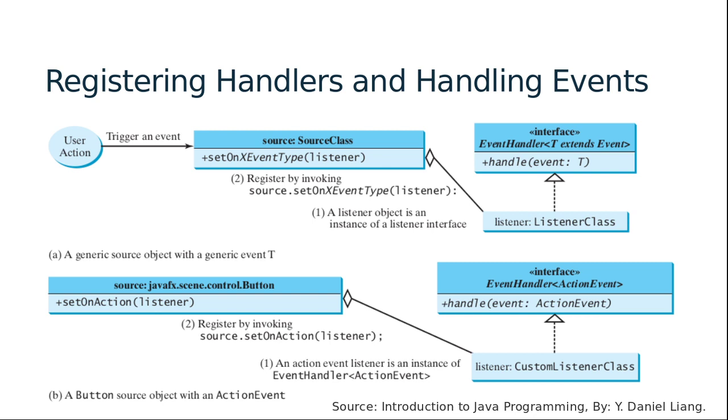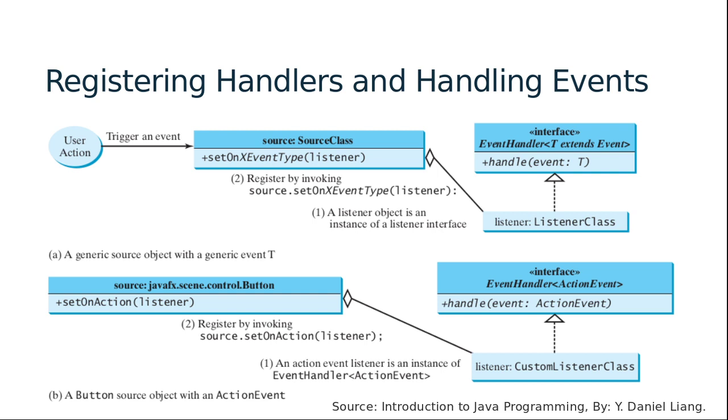So this is what actually is happening. Here on your screen you have two different images. Let's focus on the upper part only. If the user creates an action, or the user triggers an event, then we need to register that event with an event handler.